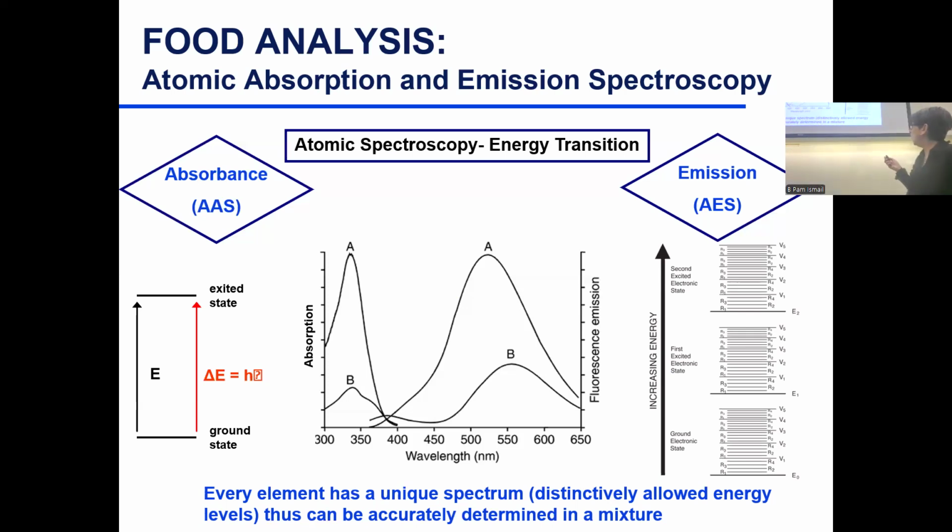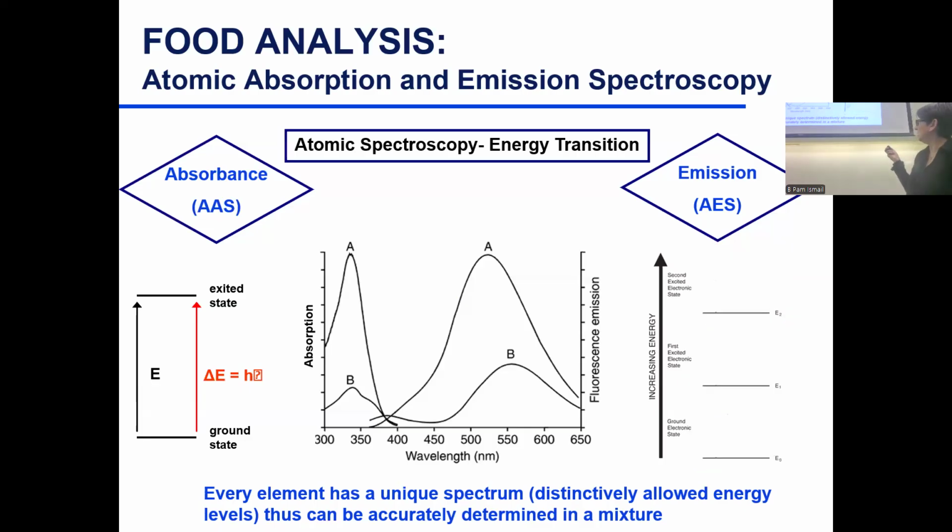So we do not have vibration or rotation levels within the allowable energy levels of the atom. We only have electronic energy levels. So the valence electron can go from one shell to another within allowable energy levels. There are no rotation or vibrational allowable energy in an atom.